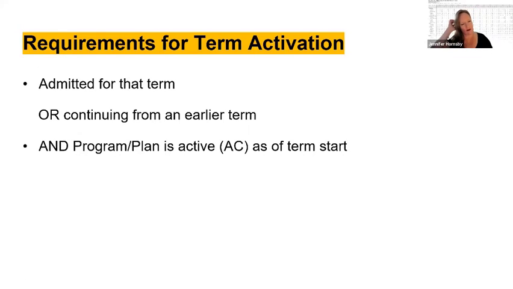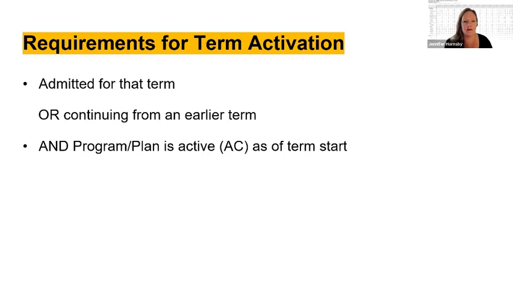So just some background about what is required to be term activated. I was explaining that this term activation is required in order for a student to be able to register for classes. So you probably know that to register for classes, students either have to be admitted for that term or they have to have been admitted in the past and continuing and meet the continuous enrollment requirements.